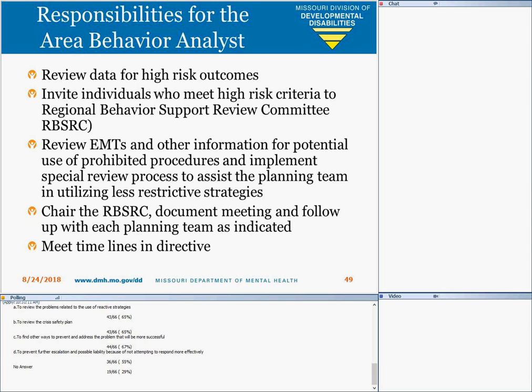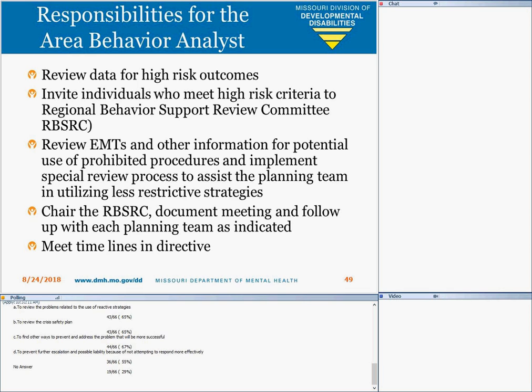The Central Area Behavior Analyst is Lucas Evans, physically located at the CMRO office and responsible for Kirksville, Morrow, and Poplar Bluff regions. The Western Area Behavior Analyst is Rita Cooper, responsible for Albany, Kansas City, Springfield, and Joplin regions. Those folks have some responsibilities related to all of these processes also.